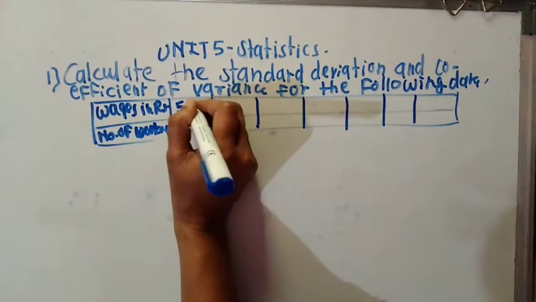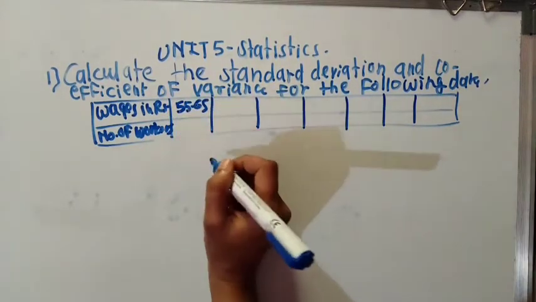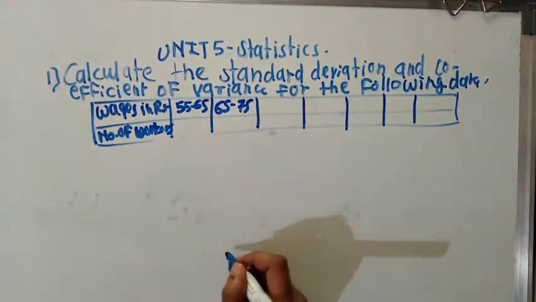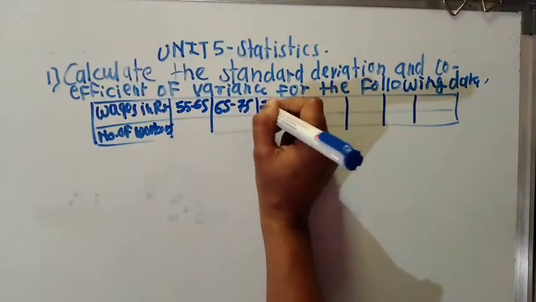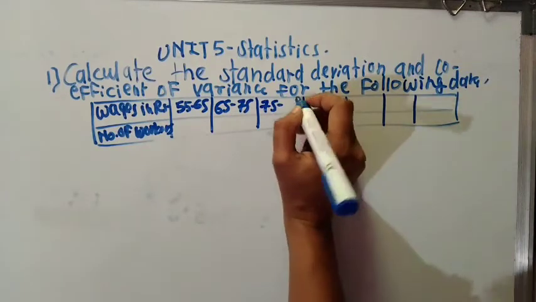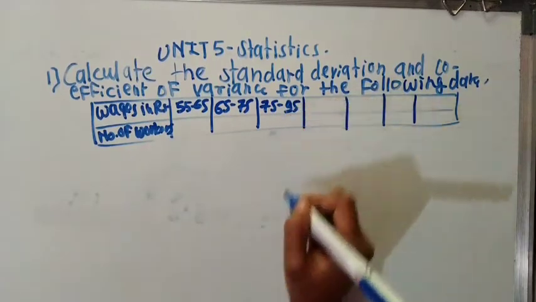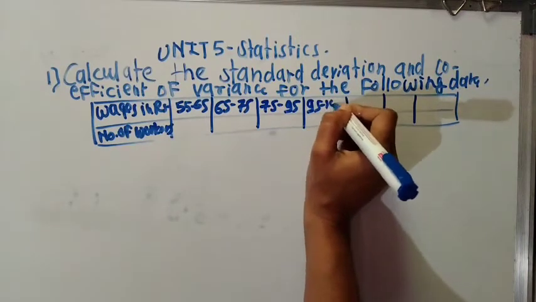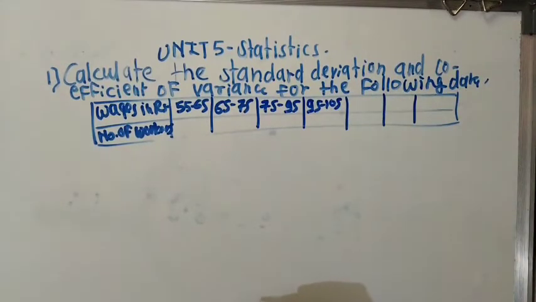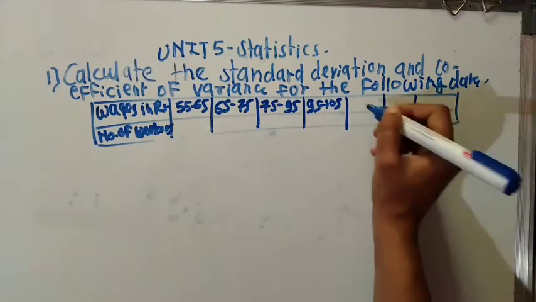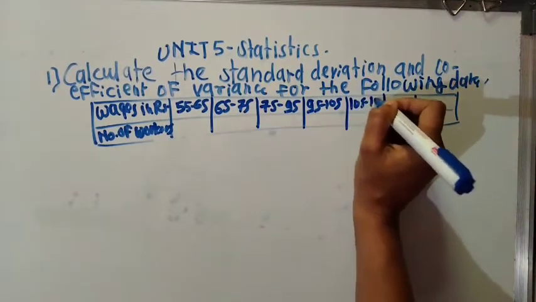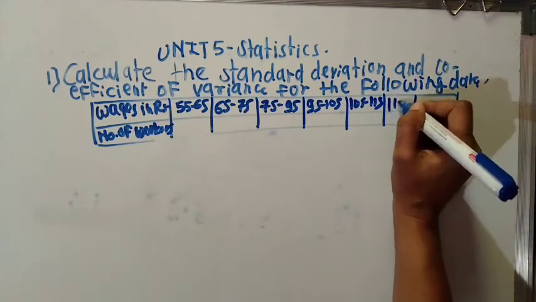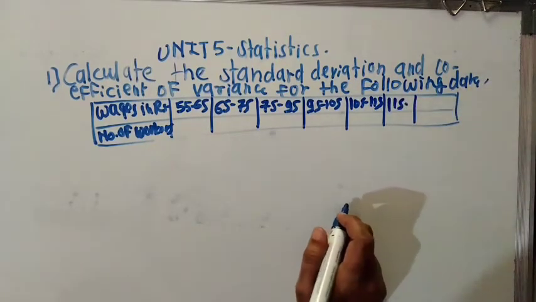Then 55 to 65, 65 to 75, 75 to 85, 85 to 95, 95 to 105, 105 to 115.